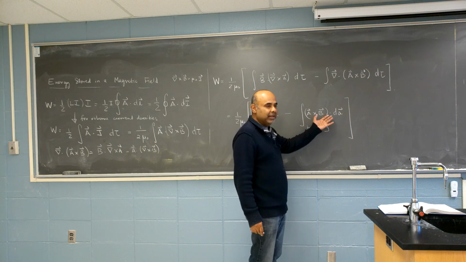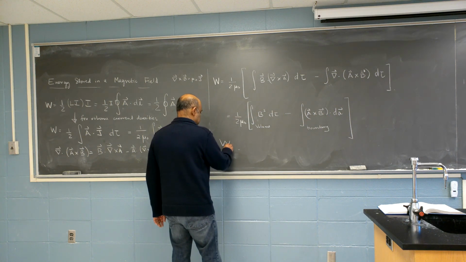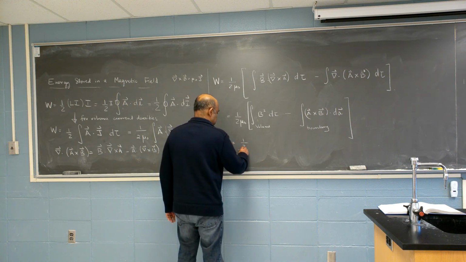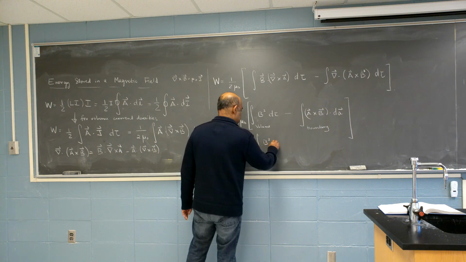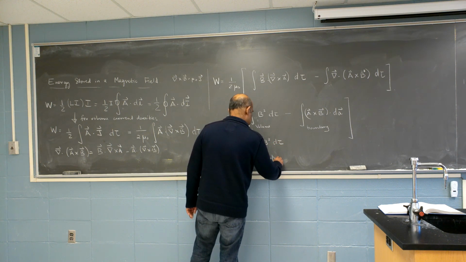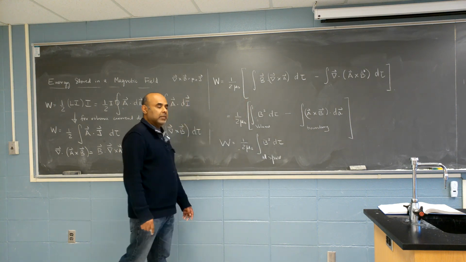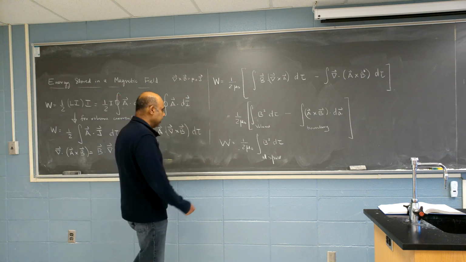So the A and B will go to zero. So we can have, and that's precisely how. So this is the magnetic energy.